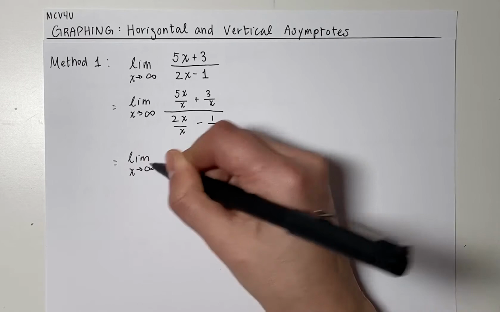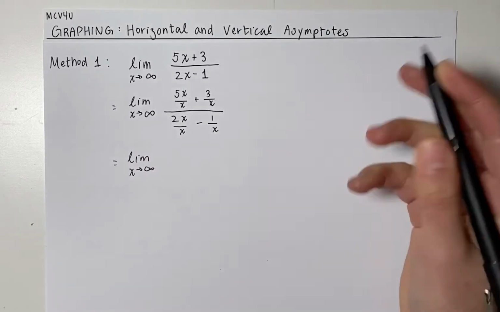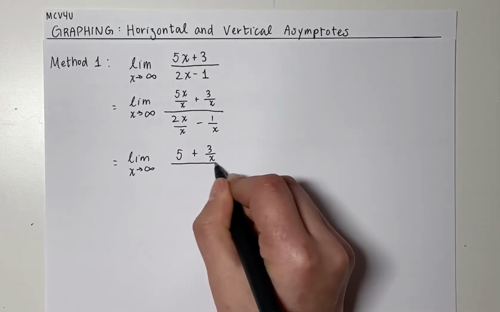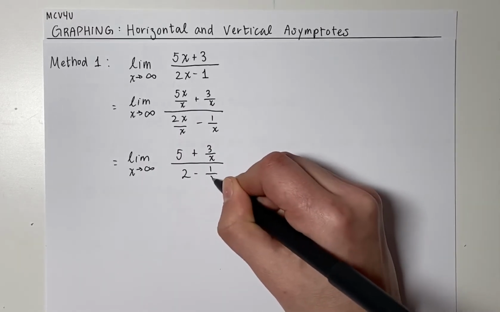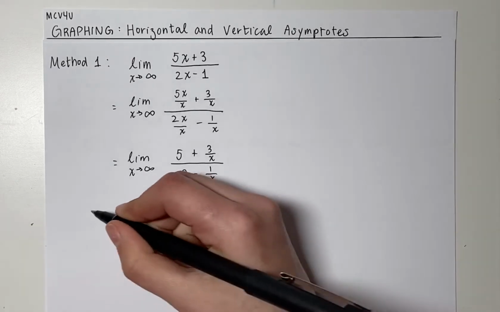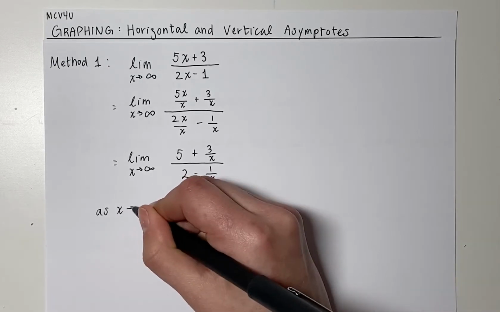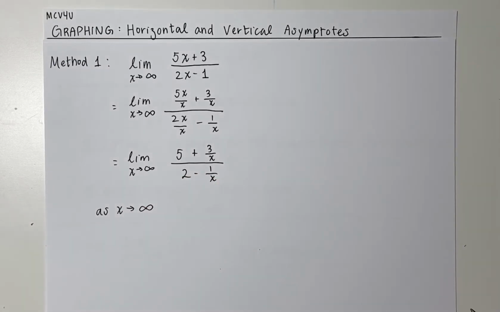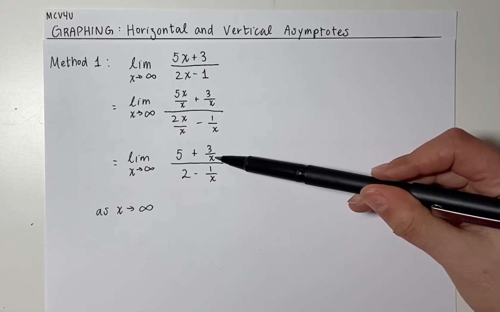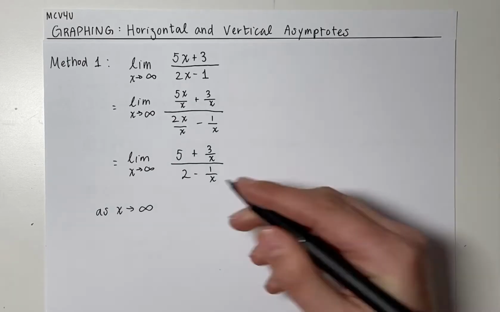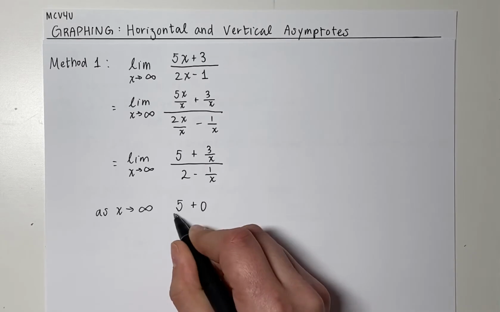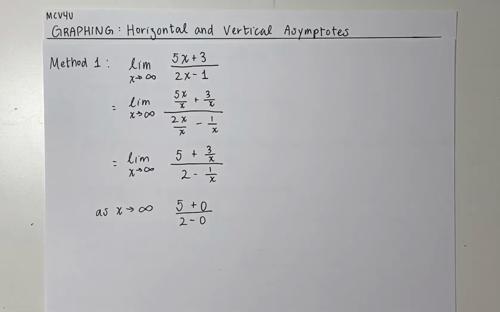Now we can see that these two x's cancel and these two x's cancel, leaving us with 5 plus 3 over x and 2 minus 1 over x. And since we're trying to find as x approaches infinity, if we subbed infinity into the x here, that'll give us 5 plus 0 over 2 minus 0.